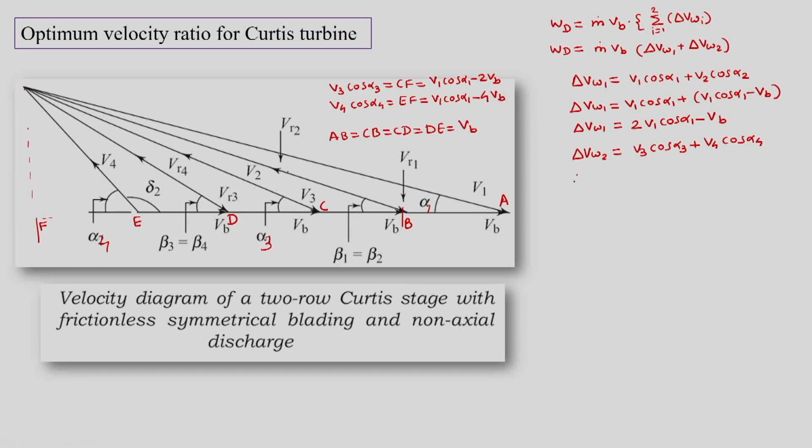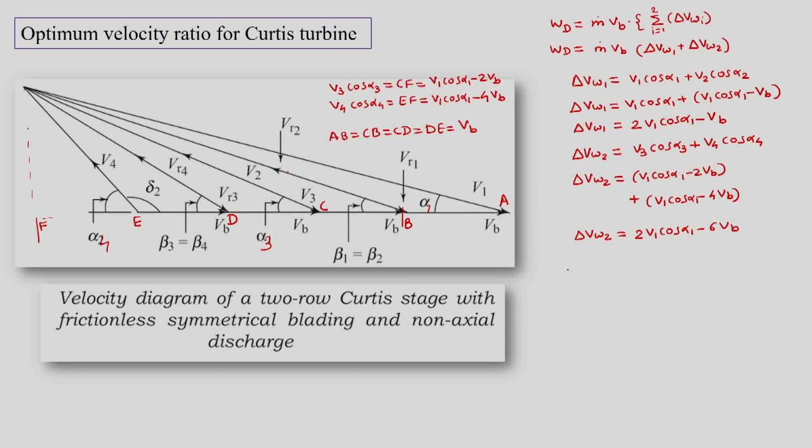Okay, so delta Vw2 is equal to V1 cos alpha 1 minus twice Vb plus V1 cos alpha 1 minus 4 Vb. So delta Vw2 is equal to twice V1 cos alpha 1 minus 6 Vb.